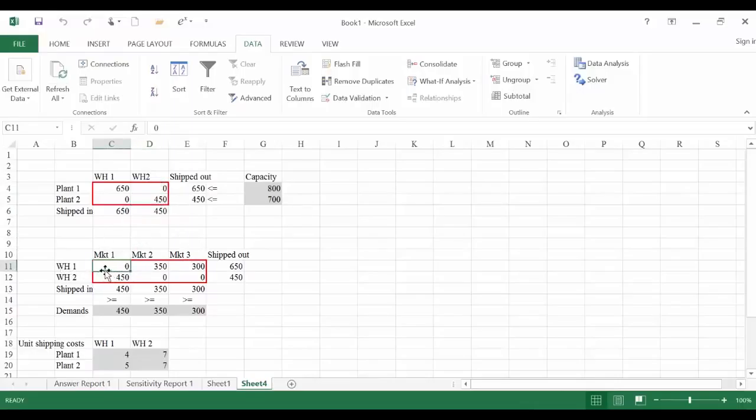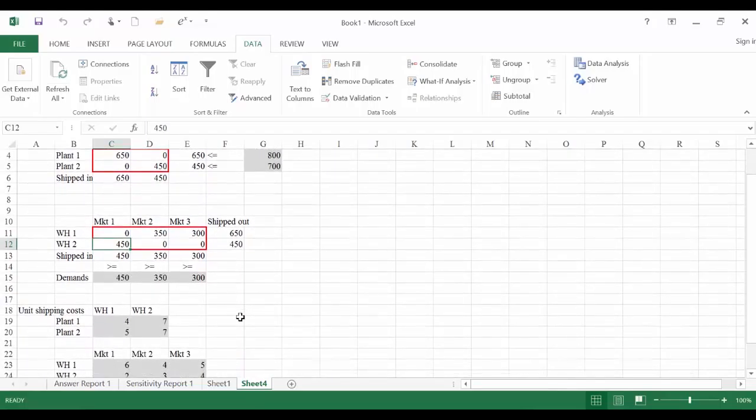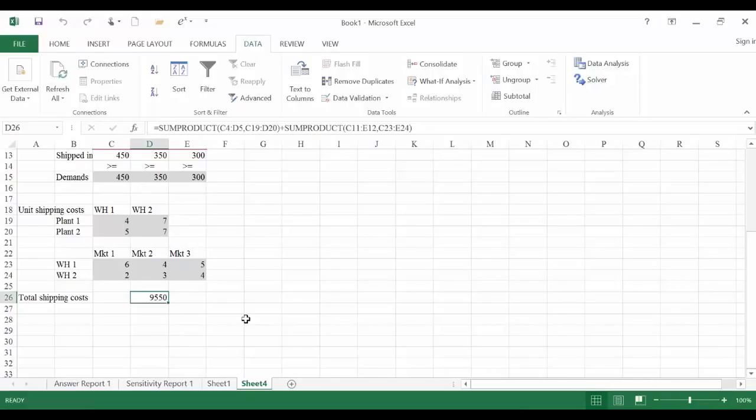Then from warehouse 1 we ship 350 to the second market and 300 units to the third market. Then the first market's demand is satisfied by the second warehouse. We use all the 450 units shipped into the second warehouse and ship them to market 1. This brings us the minimized total shipping cost of $9,550.